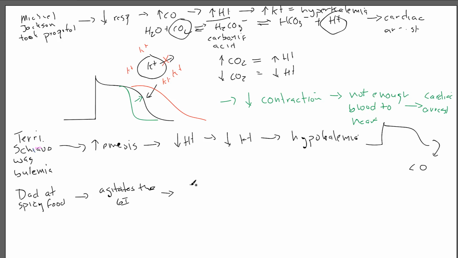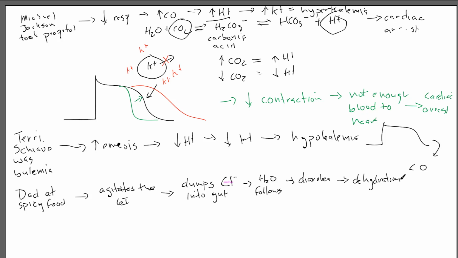What happens when the GI is agitated is it dumps chloride into the gut. Water follows, because water follows ions. Diarrhea, dehydration.